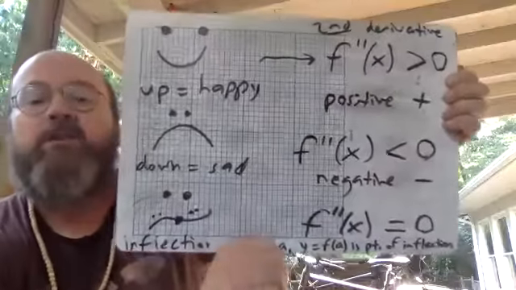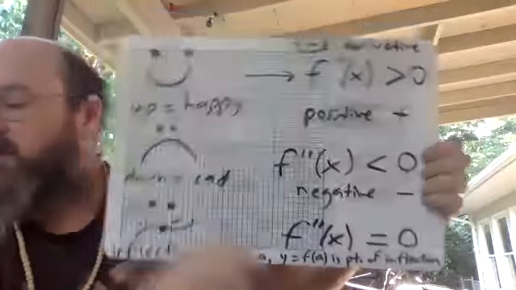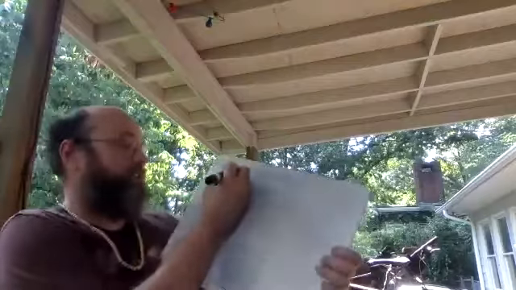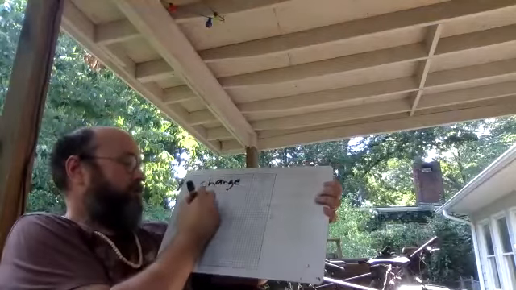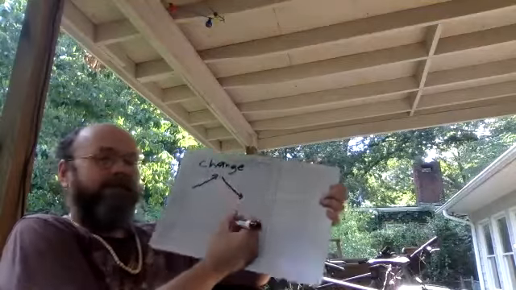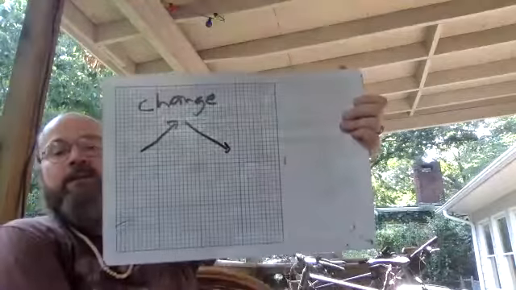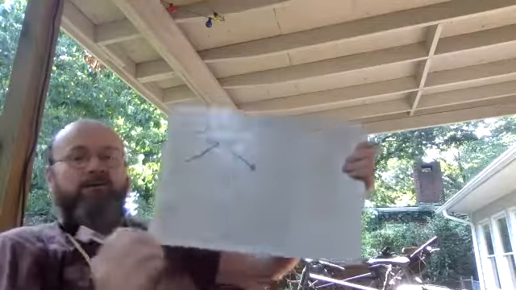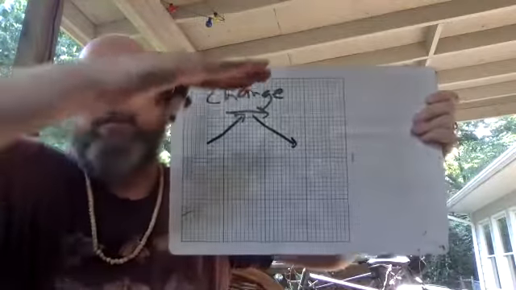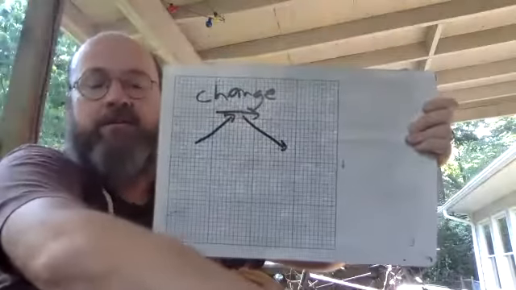Now, as far as your intervals go, it's really easy to find because, remember, if the function changes from rising to falling, it has to pass through a flat part, right? Your roller coaster is going up, flat, down.